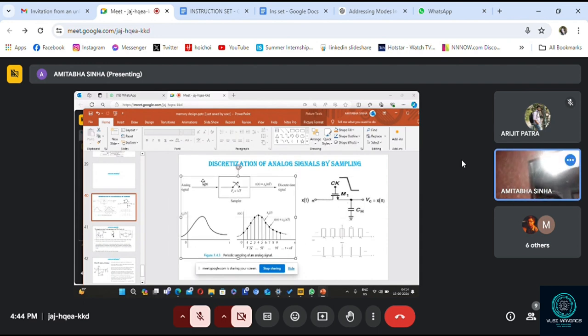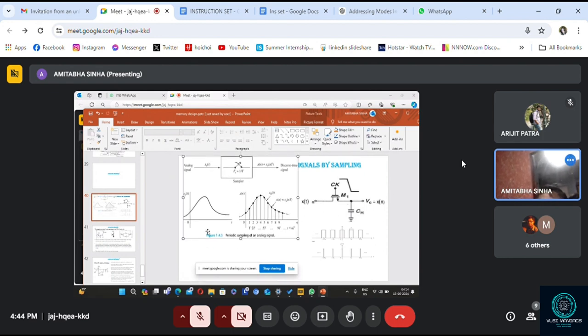Now, the next question will be how to do the sampling. Theoretically it is fine, but practically how will we do it? At the top there is a symbol. This symbol is a switch. That means after every unit of time, a switch is on, and at that point, you are sampling the signal.